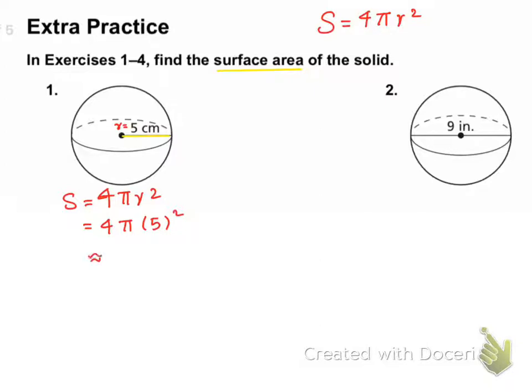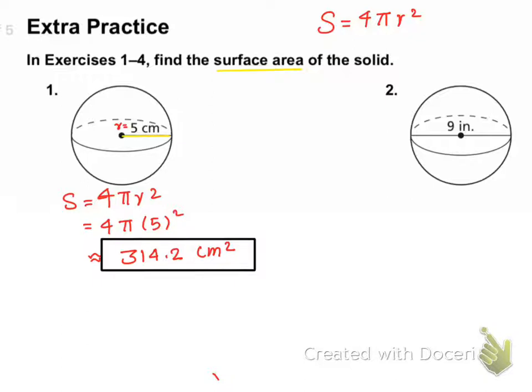If the question hasn't told you anything, it's up to you, you round to the nearest tenth or hundredth. Here I'm following the nearest tenth, so that's 314.2 centimeters squared. Keep in mind, never plug in 3.14. Always use the pi button on the calculator, so it gives you the exact value. Otherwise it will be approximated in between and you will have a rounding error.